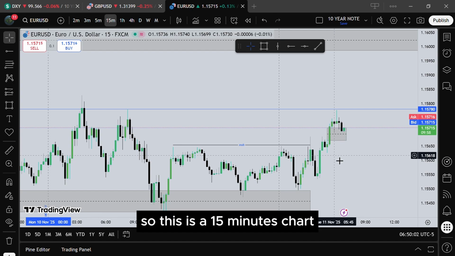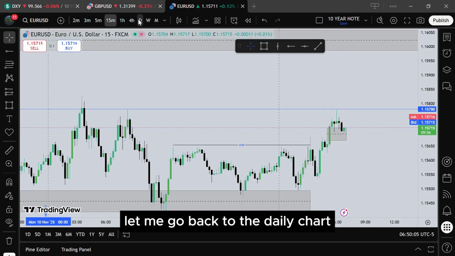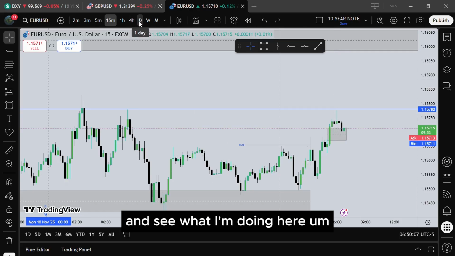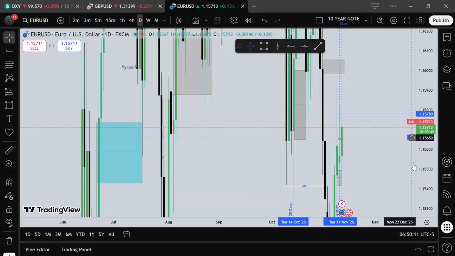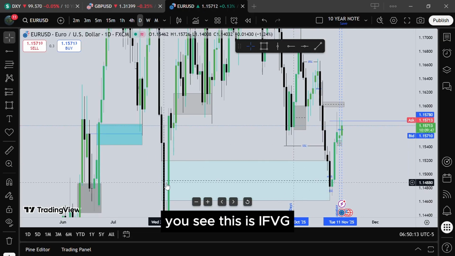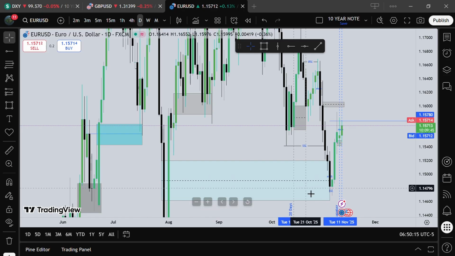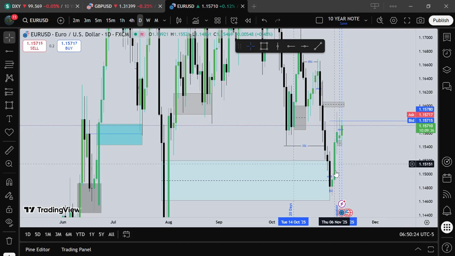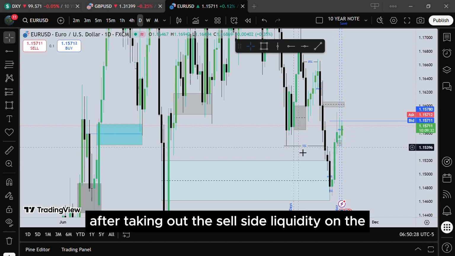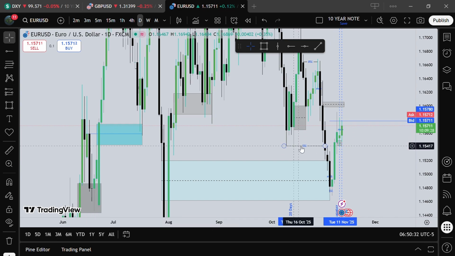So this is a 15-minute chart. Let me go back to the daily chart and see what I'm doing here. My high time frame is the daily chart. Actually, you see, this is an inverse fair value gap. The market reached up to that and started retracing after taking out excess liquidity on the daily chart.